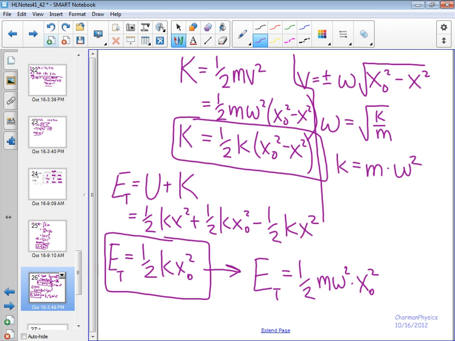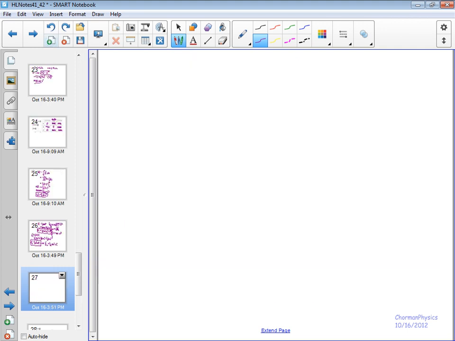It just gives a description of the state of that mass. The total energy is the entire system. If the amplitude stays the same, then that equation holds. What do you see here? What's special? What do we see that the total energy is proportional to? Well, we see the total energy is proportional to the mass.